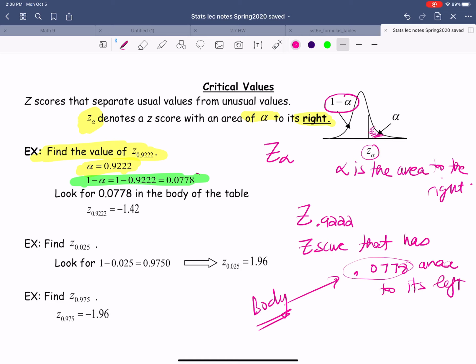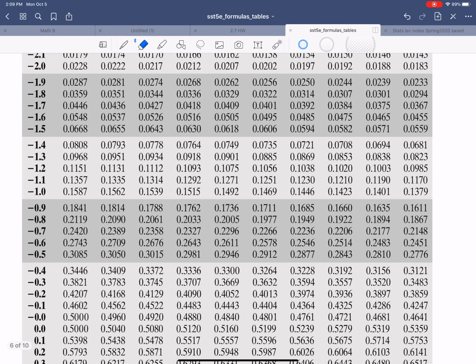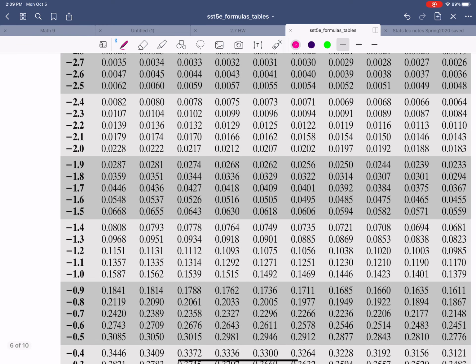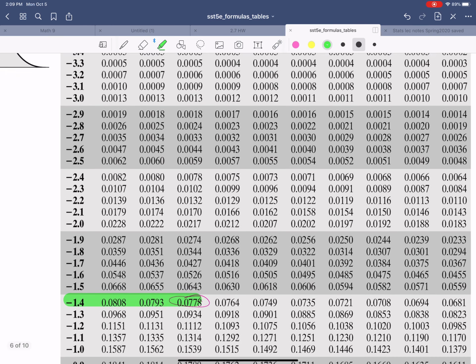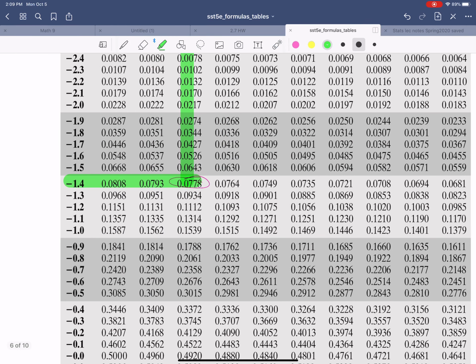But if you're given the area, you're looking in the body of the table. I'm going to clear the table really quick because I don't need these written over here. Let's see, where is 0.0778? Well, that wasn't too much work. It's right over here. What is the z-score? It turns out to be negative 1.42. Negative 1.42 is the z-score here.